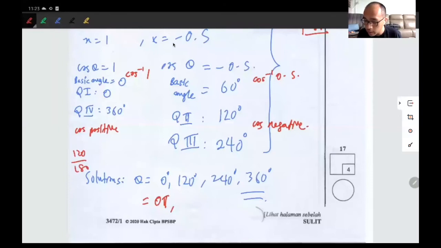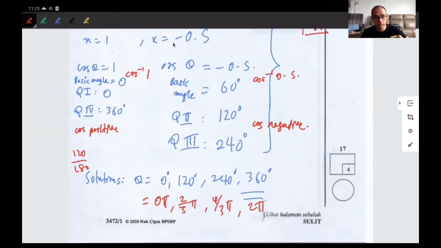This will be 2 over 3 pi. Okay, 240 will just be 240 divided by 180. If I convert this, this will be 4 over 3 pi. You know, right, how to convert? Just divide by 180, change it into pecahan. 360 will be 2 pi lah. Okay, 0 pi, 2 pi.